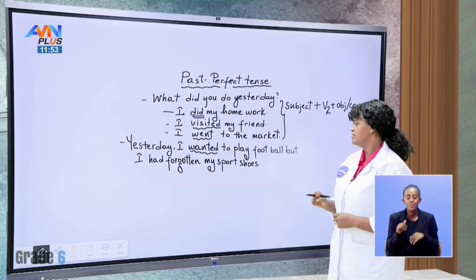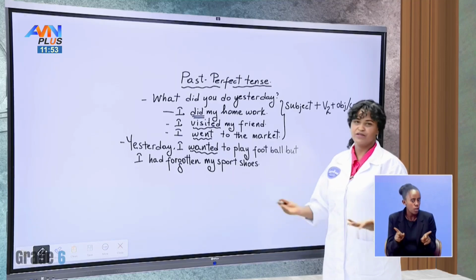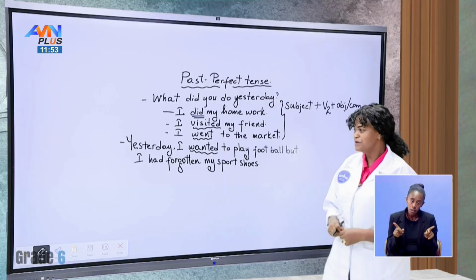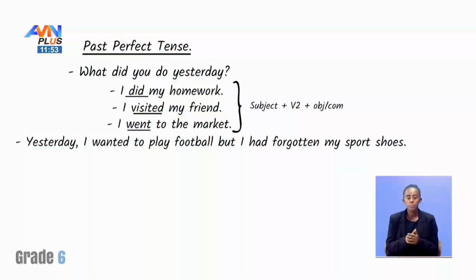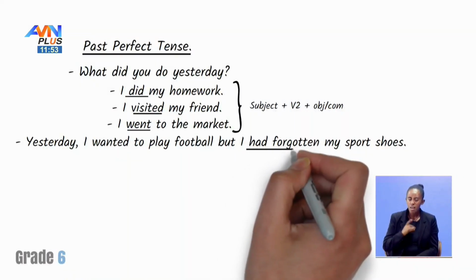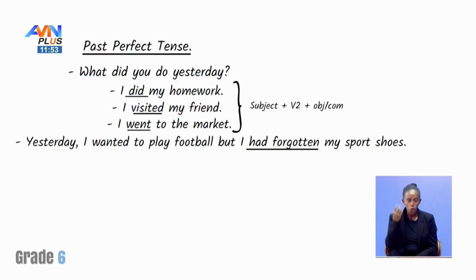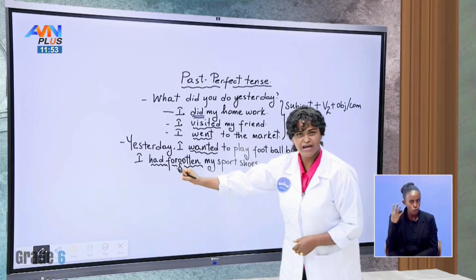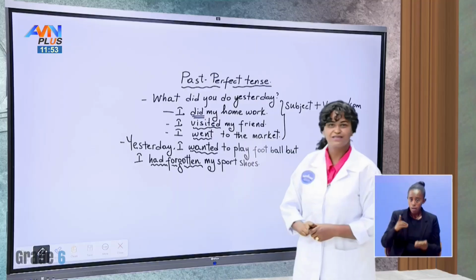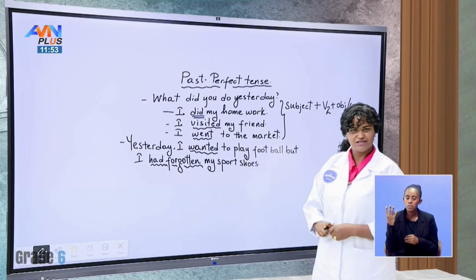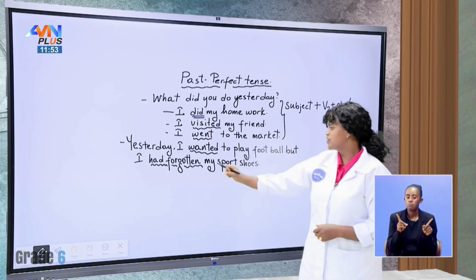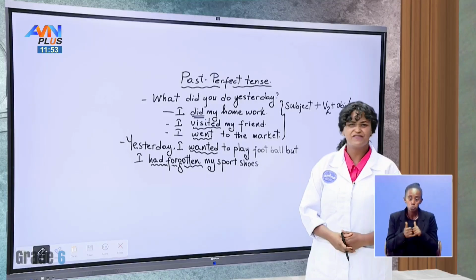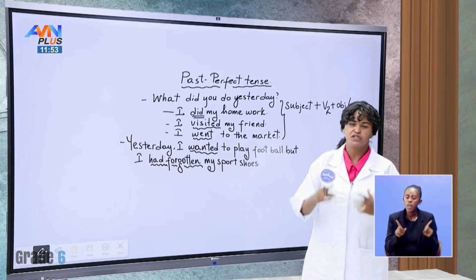All right. But, oh, something happened. But, what? I had forgotten. What do you see? I had forgotten. This is different, yes? I had forgotten my sports shoes. Why is it different? Simple answer.